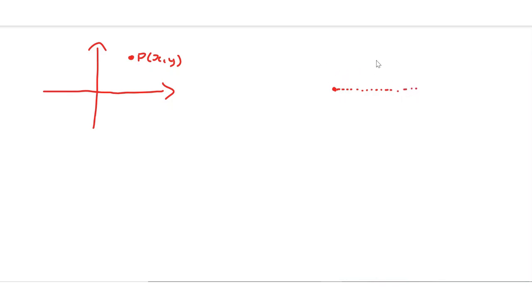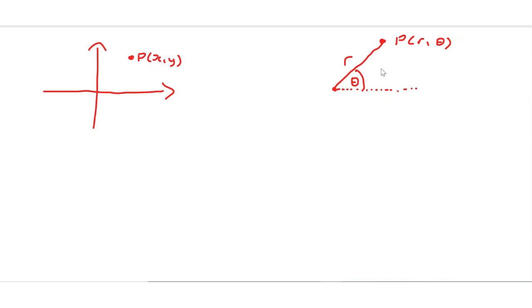Now if we have a point P in space, P has coordinates r and theta, where r is the length of the line from the origin to the point, and theta is the angle that point makes with the half line.